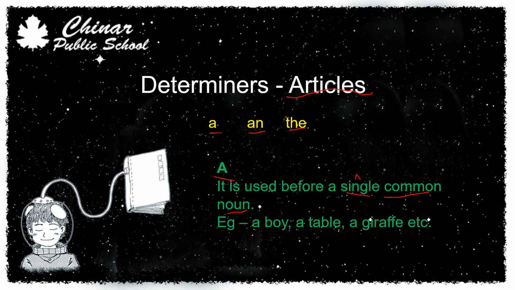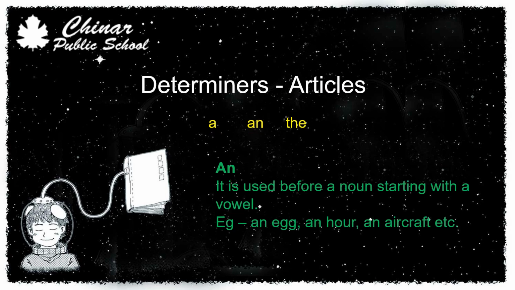Now, let's go on with the next article, an. You already know that it is used before a noun starting with a vowel. That is A, E, I, O and U. We have to remember that it should be a single noun.